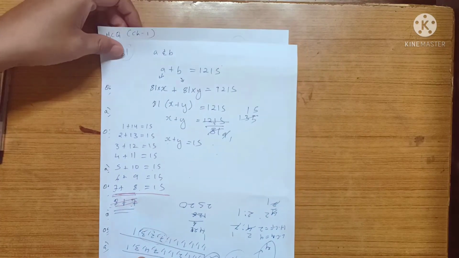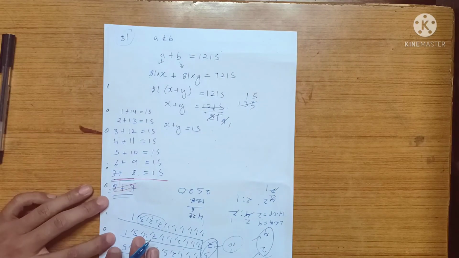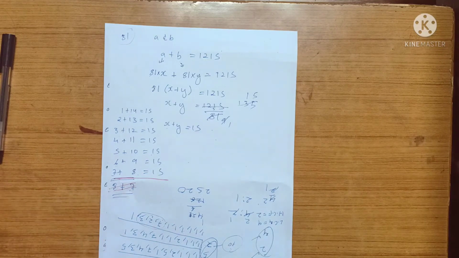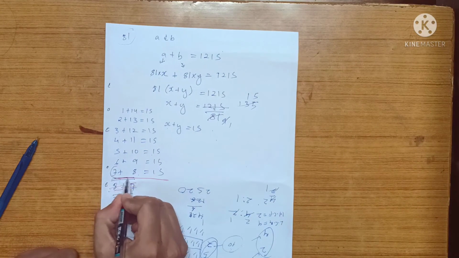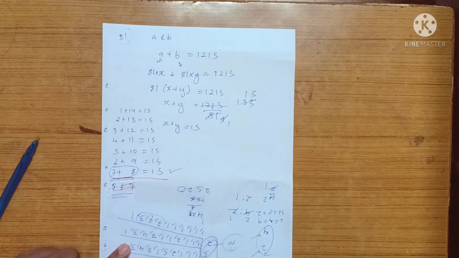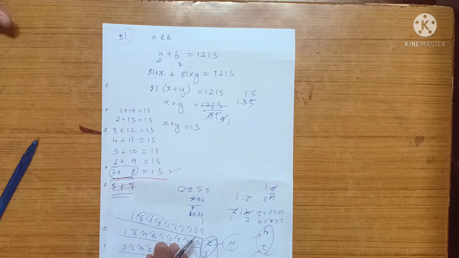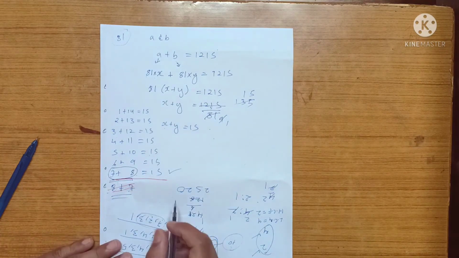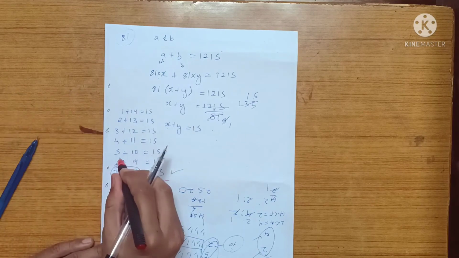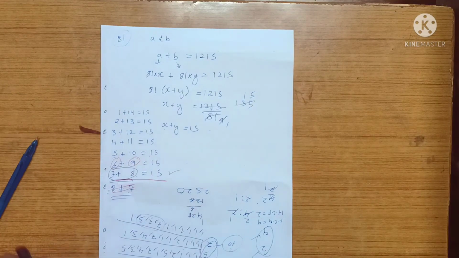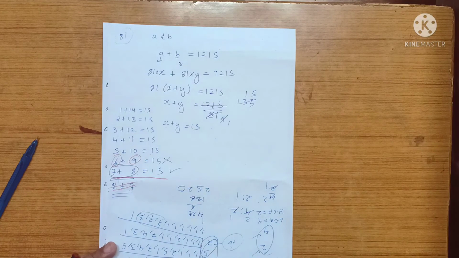Now the condition was what? 81 was the highest common factor, which means there's no other common factor anymore. So if you look closely, 8 and 7 have no common factor, so this can be one of the values. 6 and 9 have 3 as a common factor, so we cannot take that.